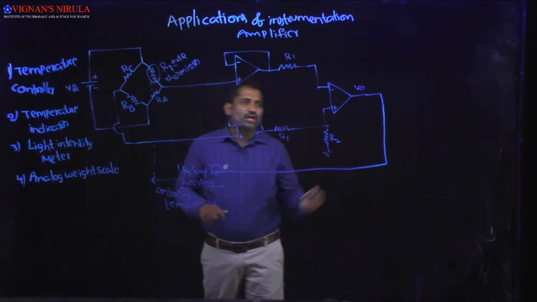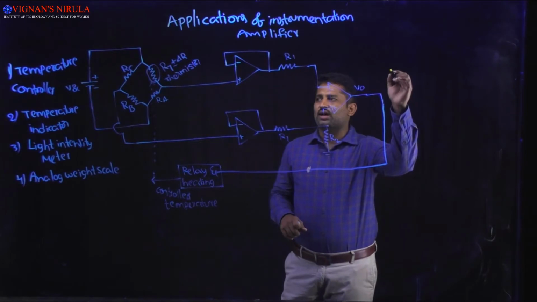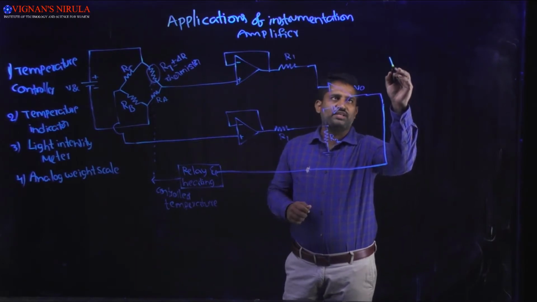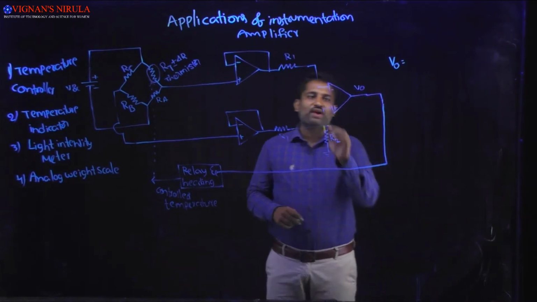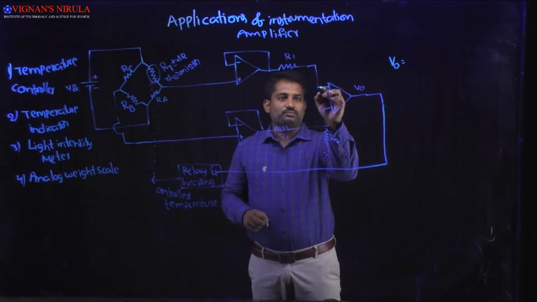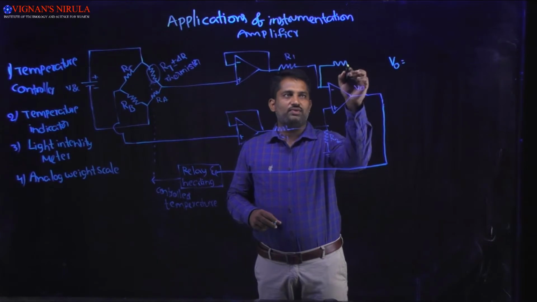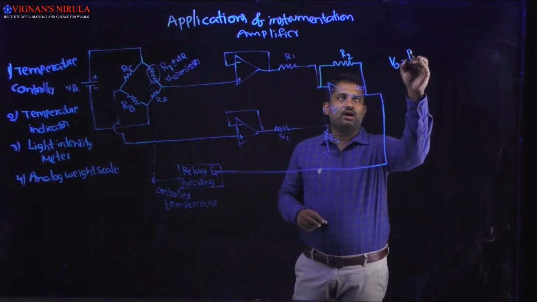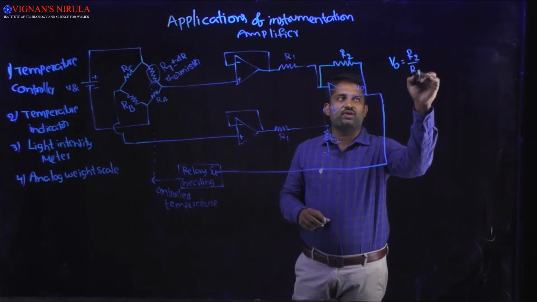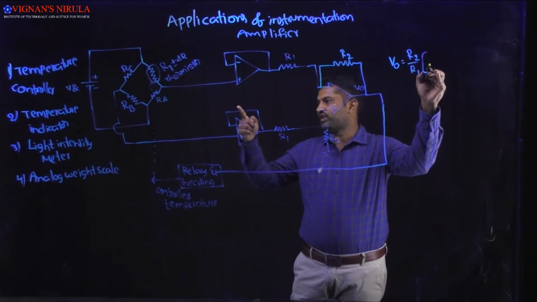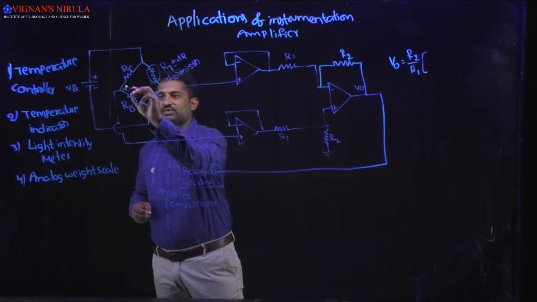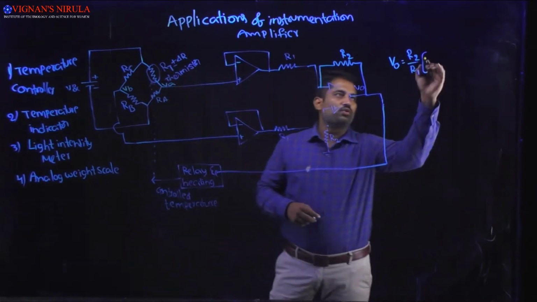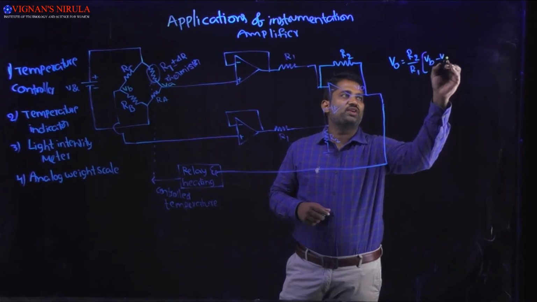We all know that the output voltage of the instrumentation amplifier V0 will be equal to R2 divided by R1 into VB minus VA.